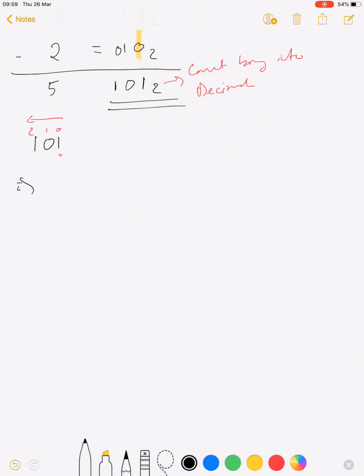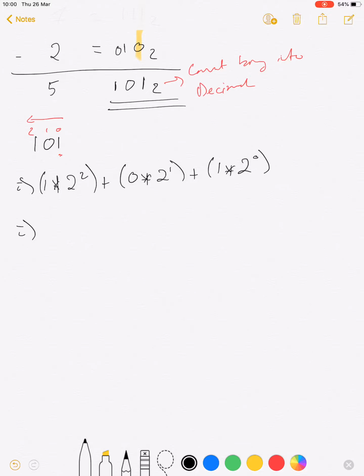Now we expand out this number: 1 multiplied by 2 to the power of 2, plus 0 multiplied by 2 to the 1, plus 1 multiplied by 2 to the power of 0. This is how we convert from a binary number into a decimal.